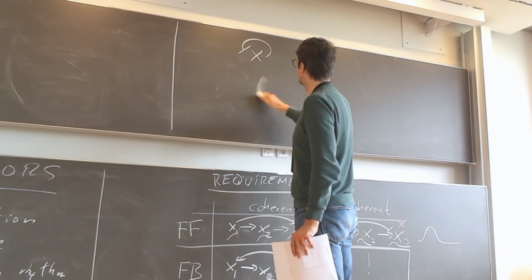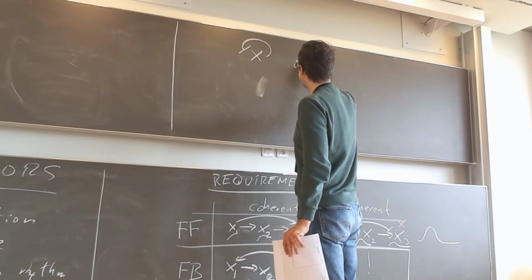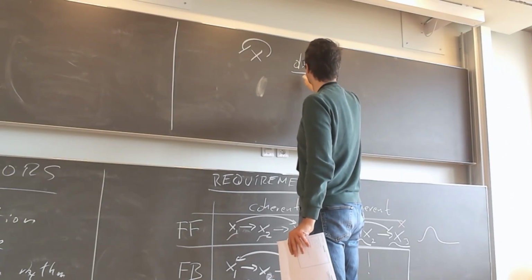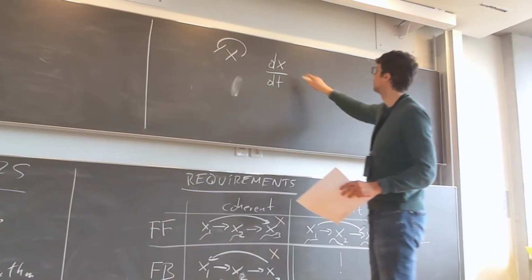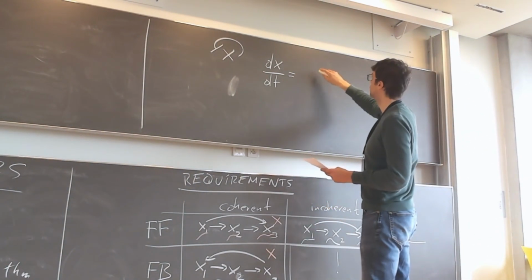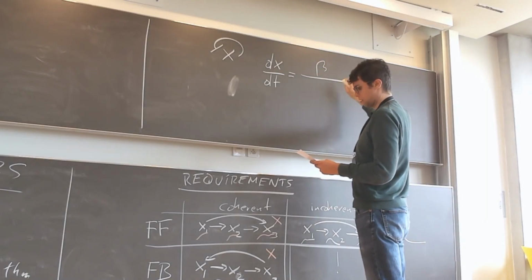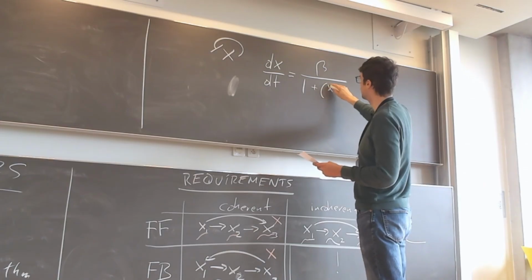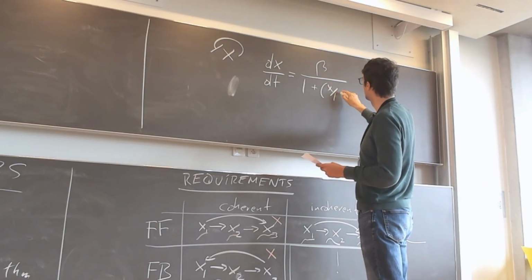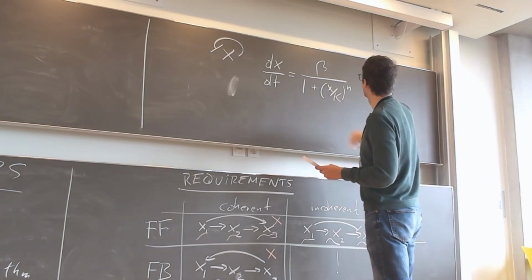So let's put down a mathematical model for this. We had something like this in the past. Let's say we have here even a Hill function that downregulates in x itself, that downregulates your gene.